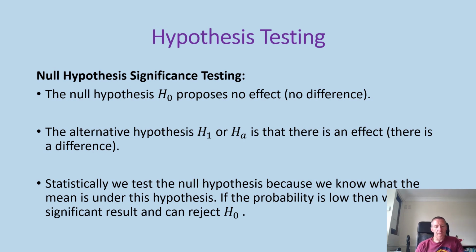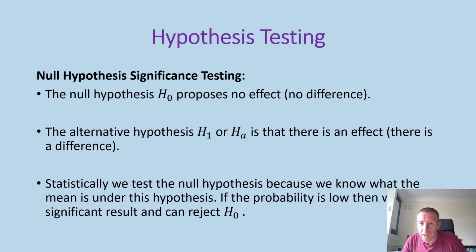So when hypothesis testing, the question we are trying to answer is when should we accept the alternative hypothesis? We assume that the null hypothesis is true. If it is true, what is the probability of getting the means for our groups that we got? What is the probability of getting those results?